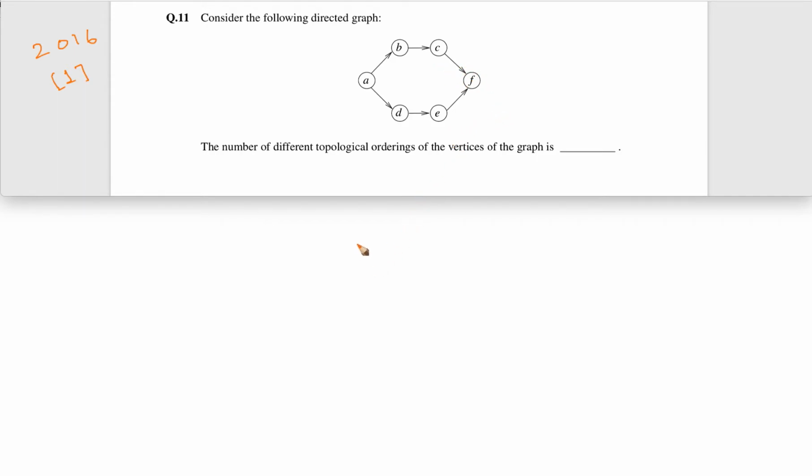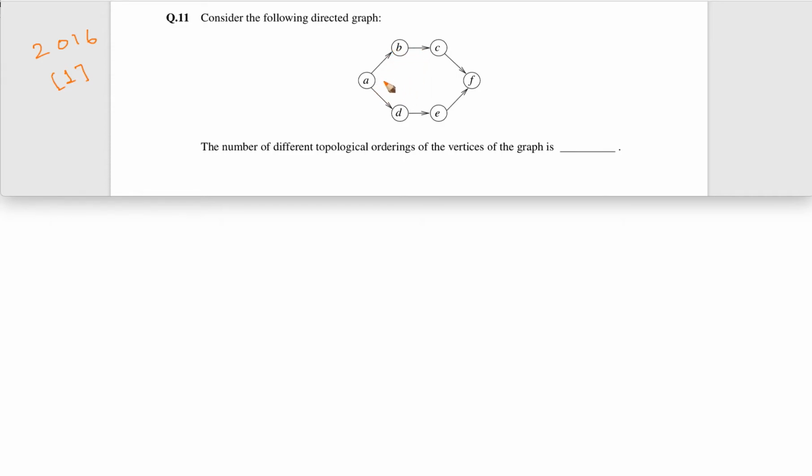So what happens in a topological ordering is that the vertices should occur in a way such that if there is an edge from a particular vertex to another vertex, then the first vertex should lie before the next vertex.